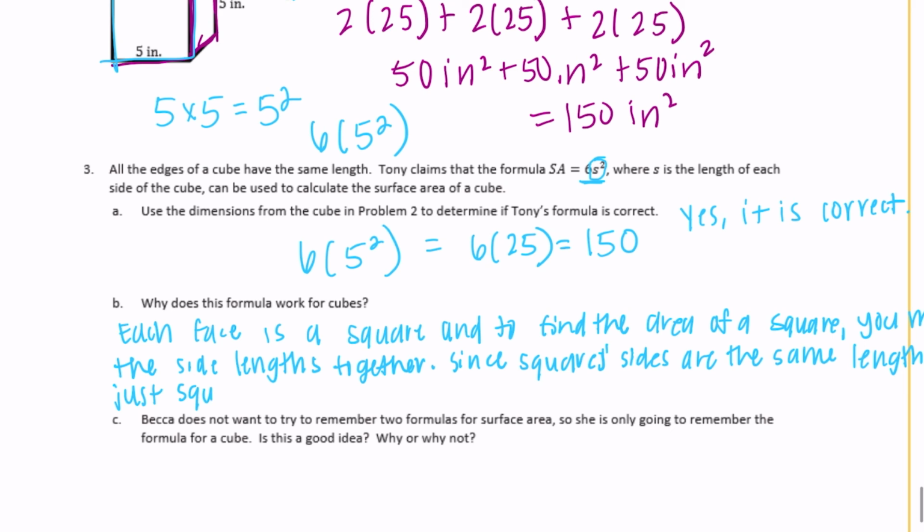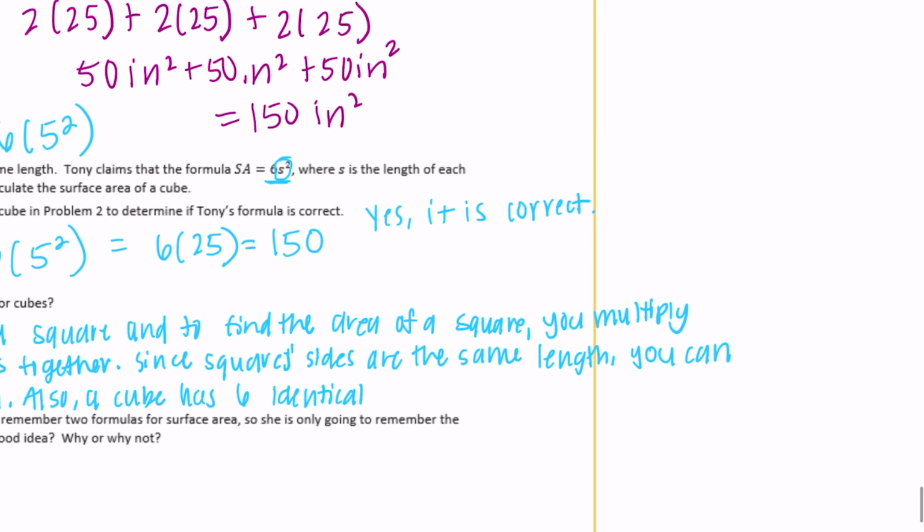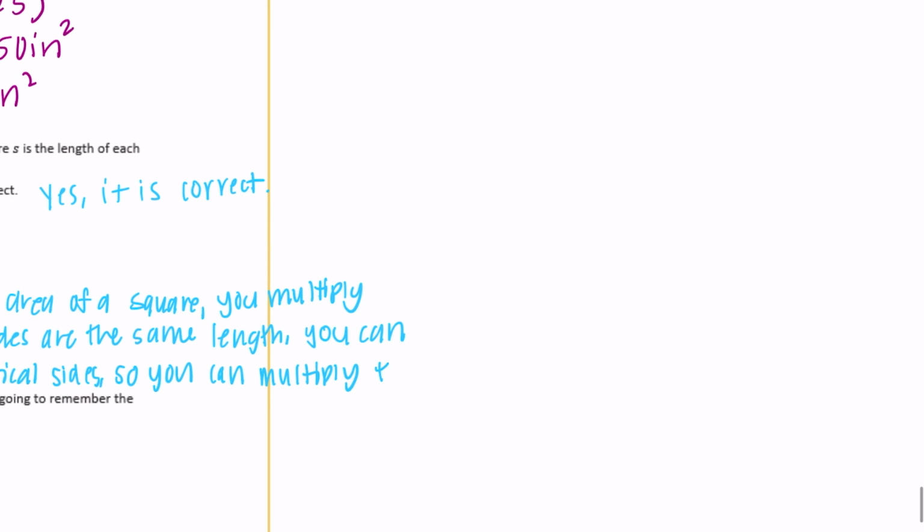Also, a cube has 6 identical sides, so you can multiply the area of one face by 6.